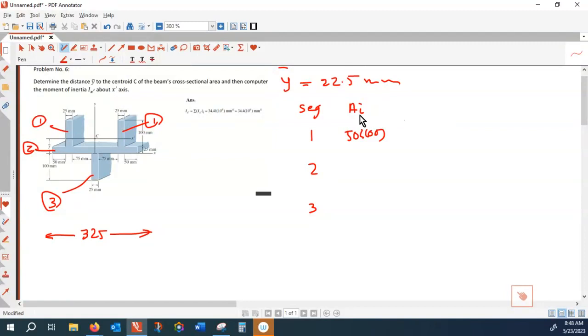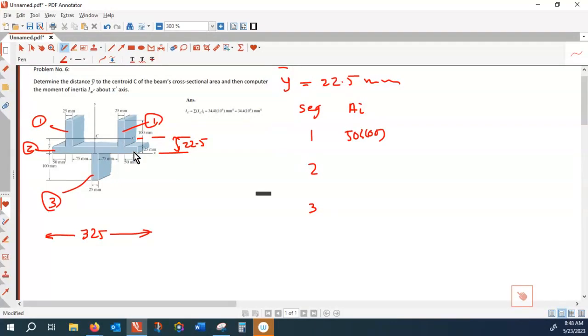If that is 22.5, where is the centroid of this shape?